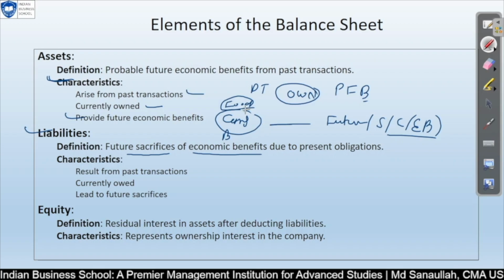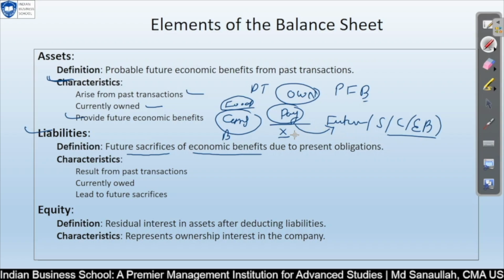If you have ordered food, now you need to pay, so that payable amount is your liability. Currently if you have not paid but you are going to pay tomorrow or maybe after some time, in upcoming month, upcoming day, that is the future sacrifice.